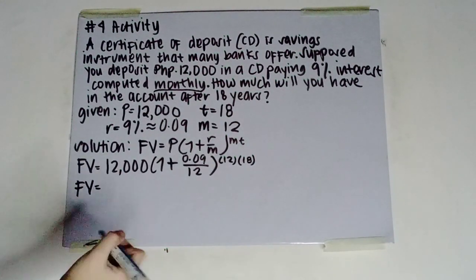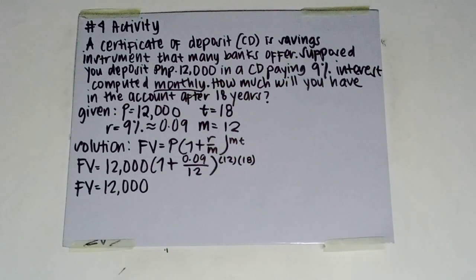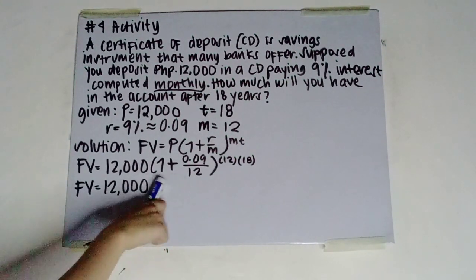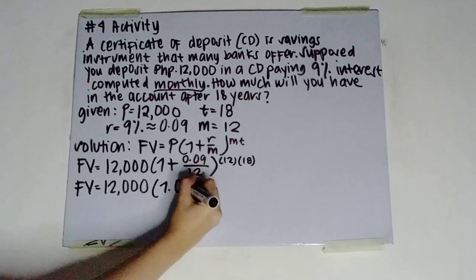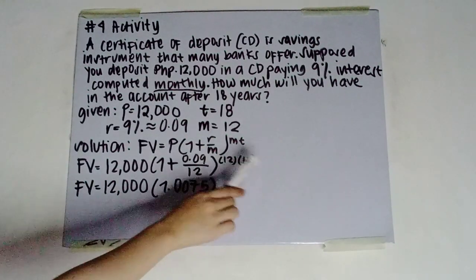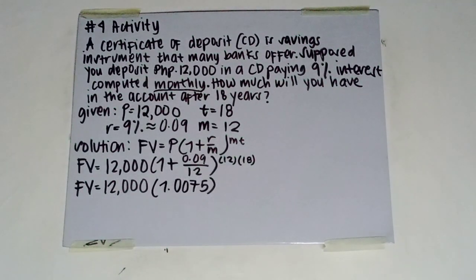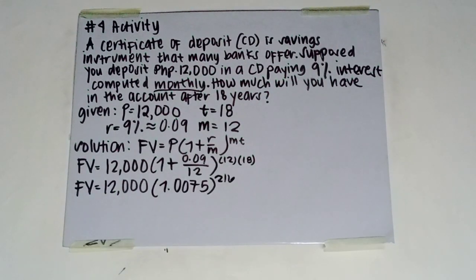So 1 plus 0.09 divided by 12 is equal to 1.0075. And 12 times 18 is equal to 216.